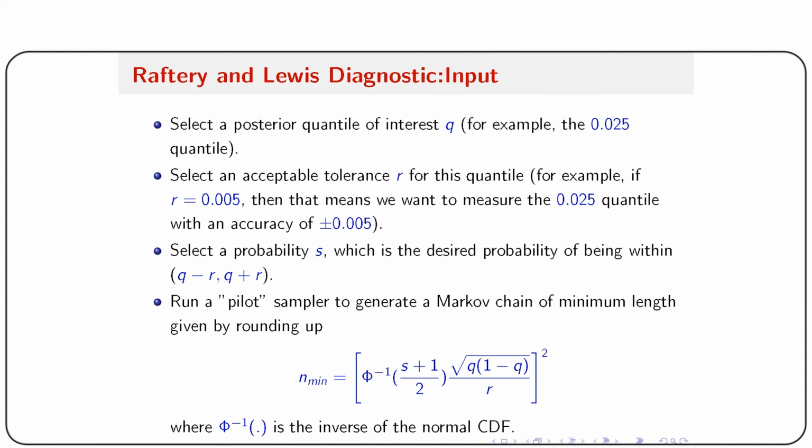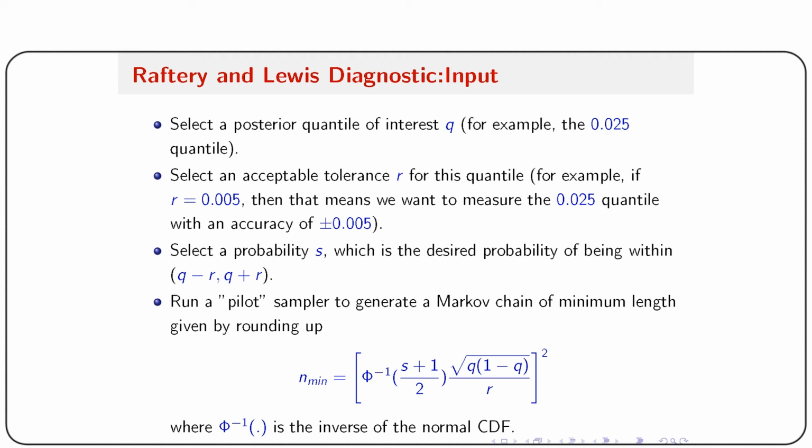The inputs are: select a posterior quantile of interest, say Q, for example the 0.025 quantile. Select an acceptable tolerance R for this quantile. For example, if R equals 0.005, then that means we want to measure the 0.025 quantile with an accuracy of plus or minus 0.005.